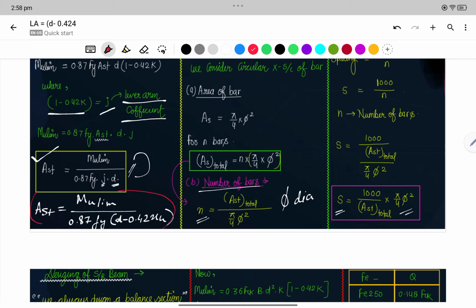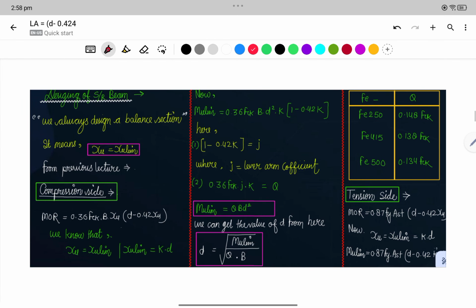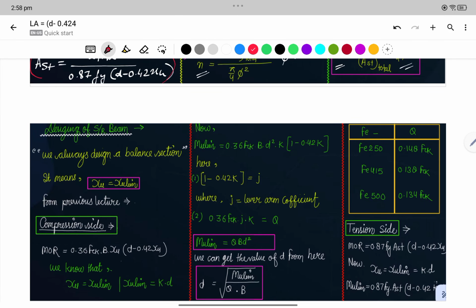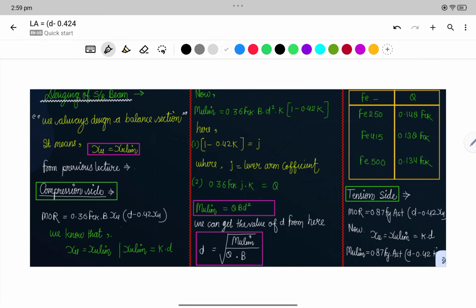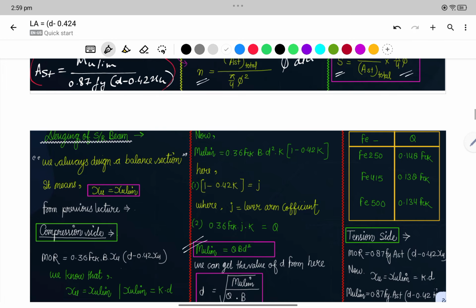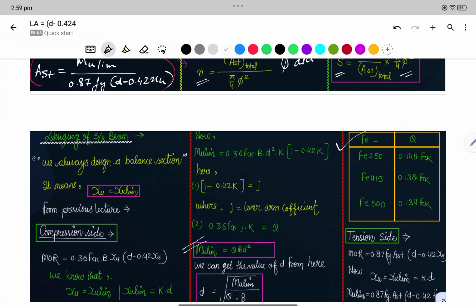So now just one thing is left. We have seen Mu limiting in this Ast formula, the area of steel calculation. This Mu limiting will be found from here. Mu limiting is equal to Q into b into d square. Okay, so what is Q? Q can be found from this chart. The Q value is given for every Fe value.